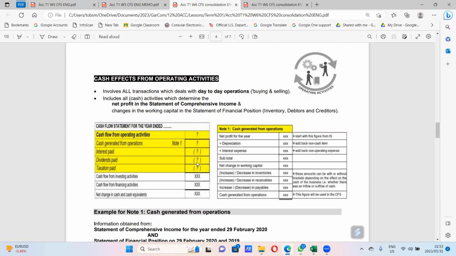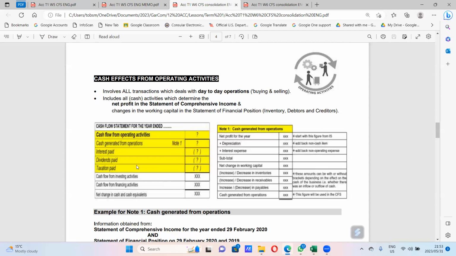So in 2021, our cash outflow is going to be this 2020 final dividend, because we're only going to pay it in 2021, plus the interim dividend of 2021, because we calculate a new dividend in the middle of the year, and we pay that. So you add both of those, the previous year's final dividend and the current year's interim dividend. That is a cash outflow. The final dividend of 2021 is only going to be paid in 2022, so we don't count it.